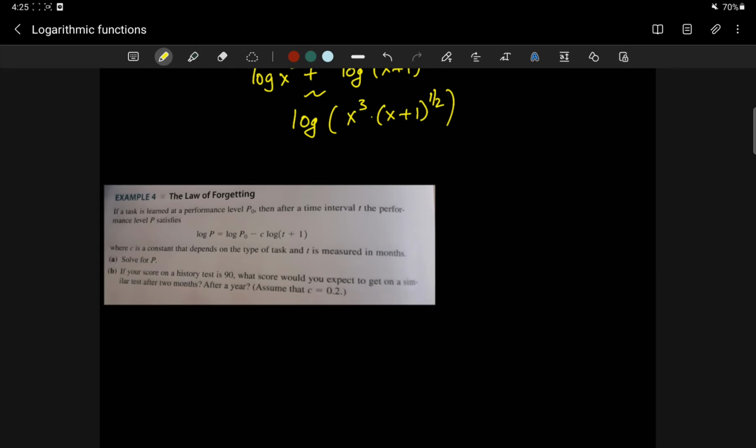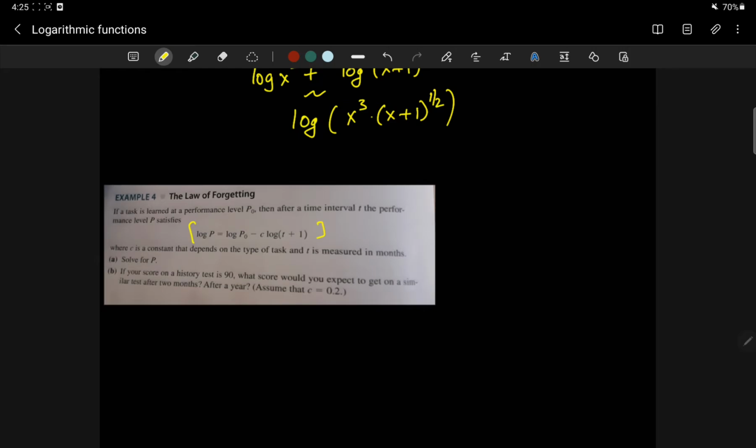That means you would forget things really fast. Log means the process of forgetting is not that fast. And then it was found that it satisfies this relation: log P equals log P naught minus some constant C times log of T plus 1, where C is a constant that depends on the type of task and T is measured in months.